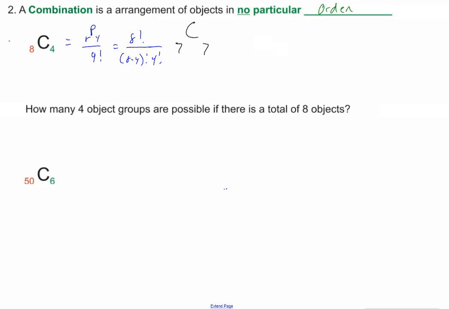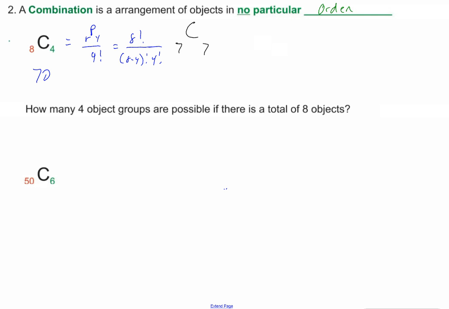But again, you have a button, right? You got a button, you got a button, you got a button. So punch in combination 8, 4, and see where it takes you. We got 8 items. We're doing them in 4 item groups. And if you found your button, you got 70, right? There's 70 different 4-member groups you can make with 8.